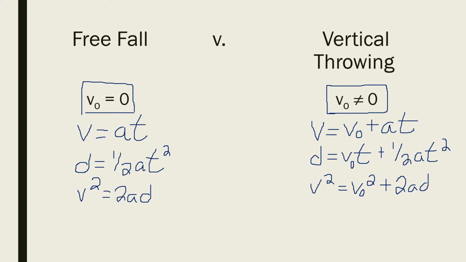We have the free fall equations on the left and the vertical throwing equations on the right. As you can tell, all the vertical throwing equations have the V0 term in it. It's not canceled out. The free fall equations are assuming that the V0 is 0 and that term is just canceled out. But if you do not have these equations, now would be a great time to pause it and get them in your notes.